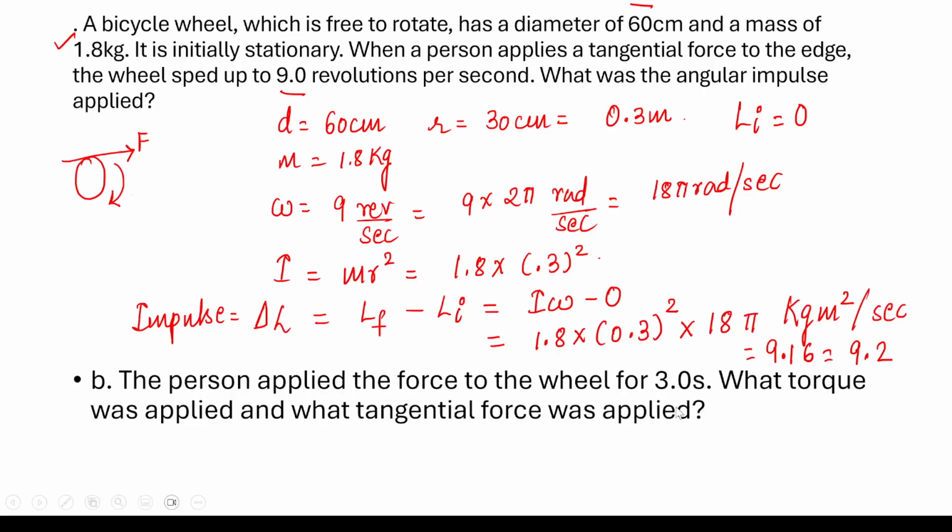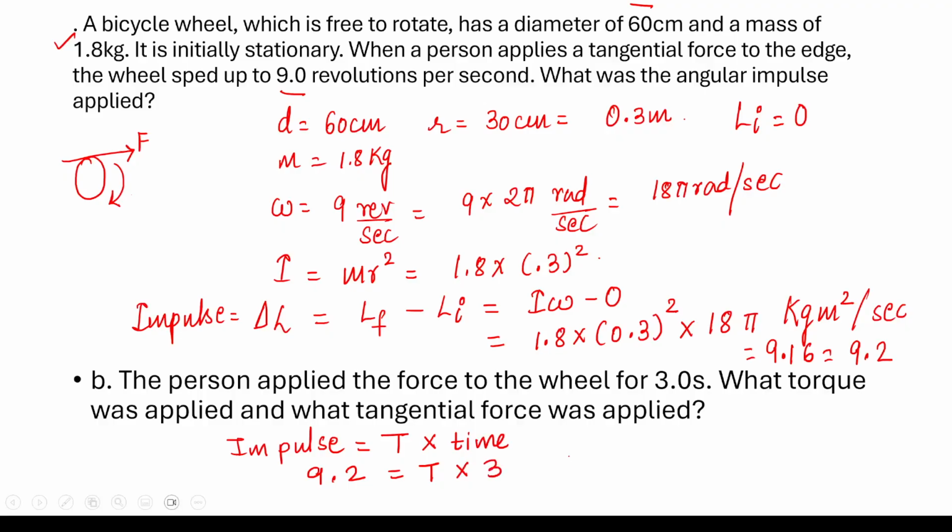Now to calculate the torque first. I got the impulse. Impulse is nothing but torque times time. So we got the impulse as 9.2 and time is 3 seconds.